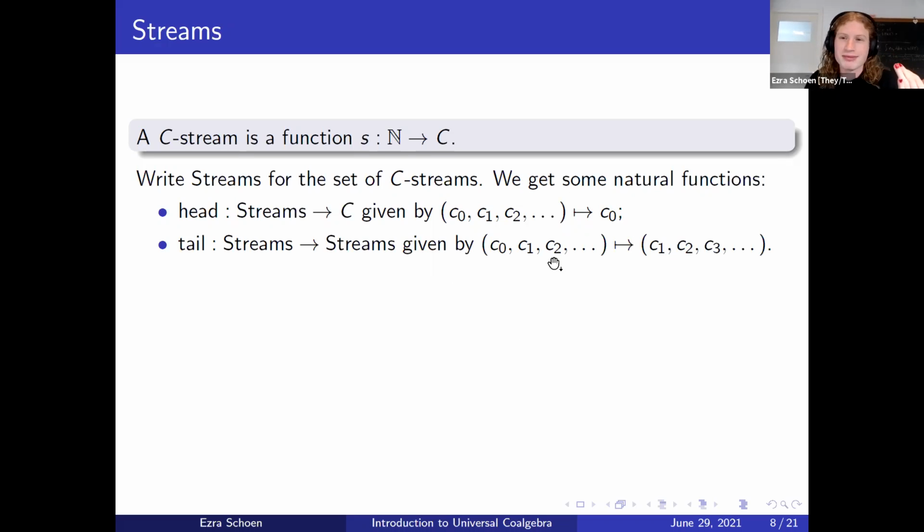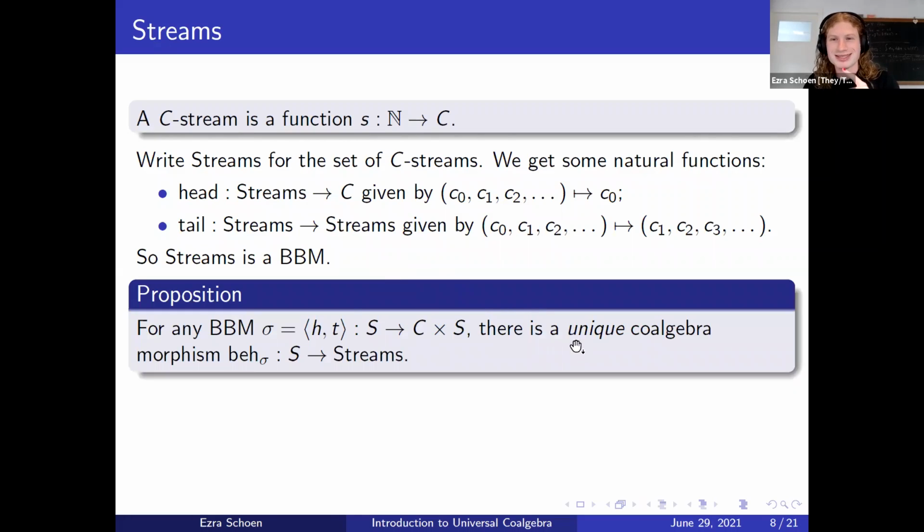And the typing of these two operations is that you take a stream and you get a color, or you take a stream and you get a new stream. And so this gives the set of streams the structure of a black box machine, which we just saw. But in fact, it's a very particular black box machine because it has this nice property that if you take any black box machine, then there is a unique coalgebra morphism, the behavior morphism, from S to Streams.